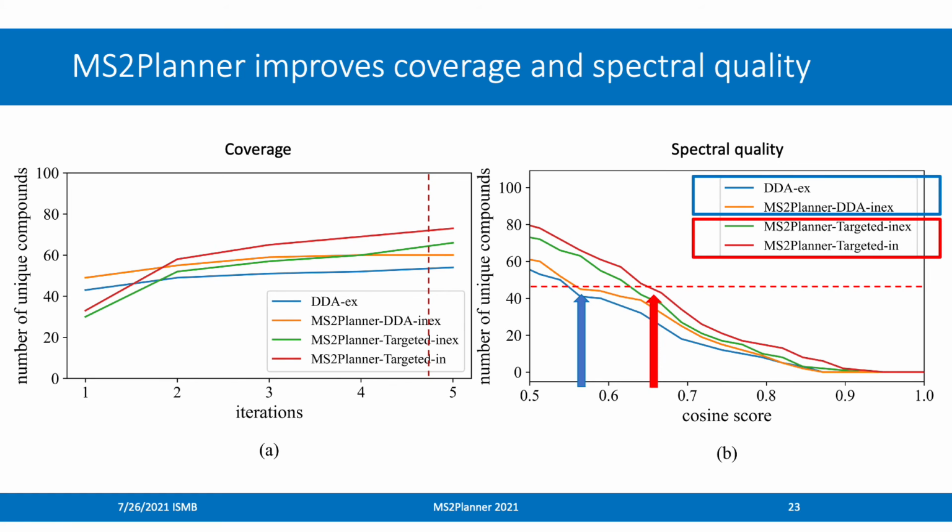When identifying the same number of compounds, the targeted mode with MS2Planner inclusion list, which are shown in red here, has higher cosine similarity score than the DDA modes, which are shown in blue. This means MS2Planner can acquire higher quality spectra than the DDA.